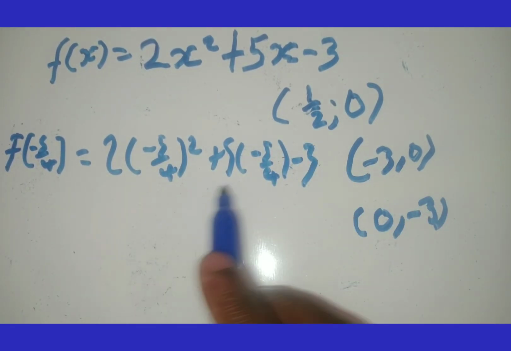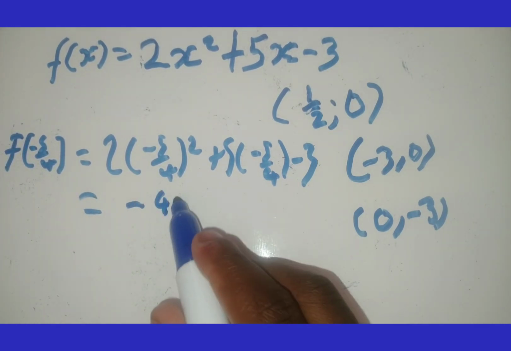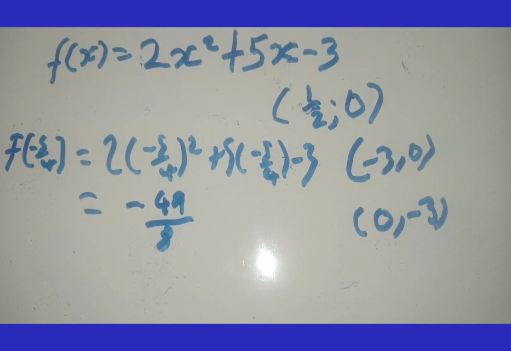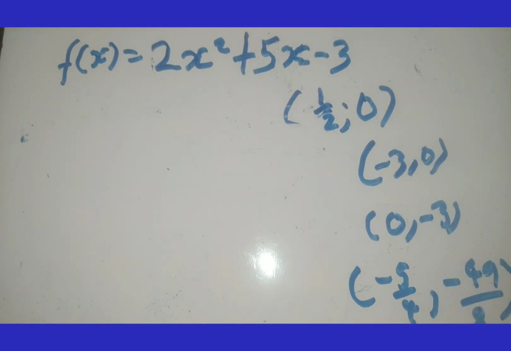Then we have to find the value in the calculator. Without the calculator I got minus 49 over 8. You can verify if that is correct. So our turning point is when x is minus 5 over 4, the y value is minus 49 over 8. So then we can proceed.